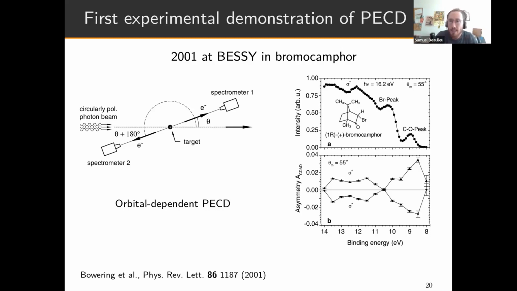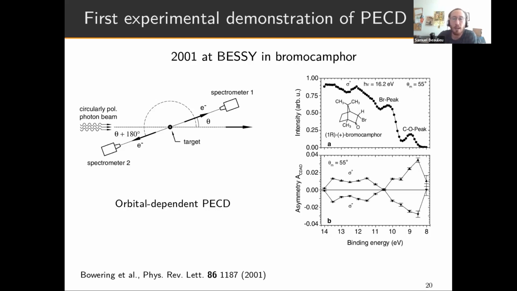As one can see from the photoelectron spectrum at the top right of the slide, we can clearly see features of the HOMO orbital, which is basically located on the carbonyl moiety of bromocamphor, as well as the second bump, the HOMO-1 peak, which is the lone pair of the bromo group, and so on. You can see other orbitals at higher binding energy.